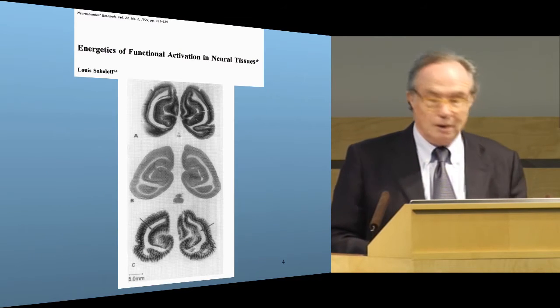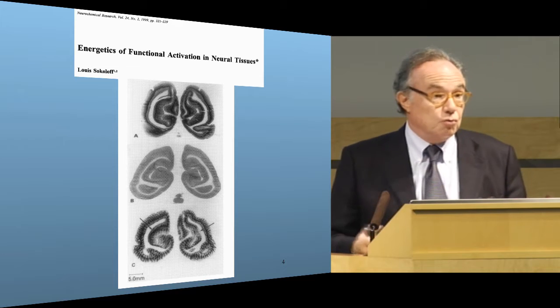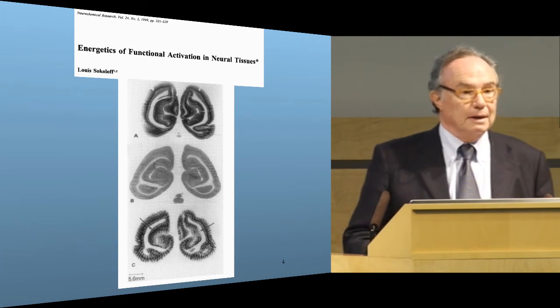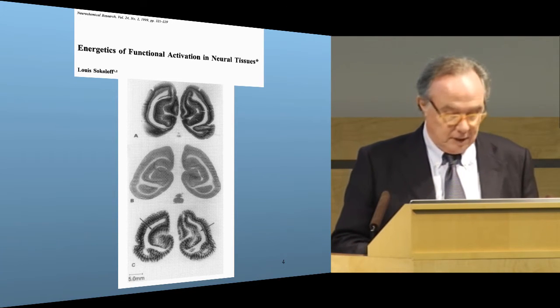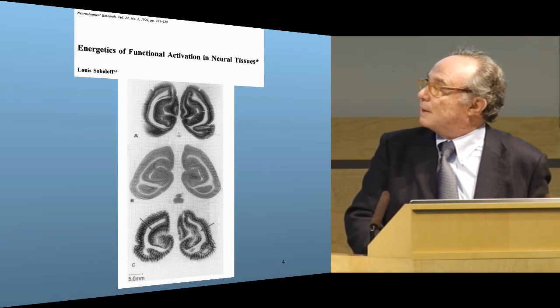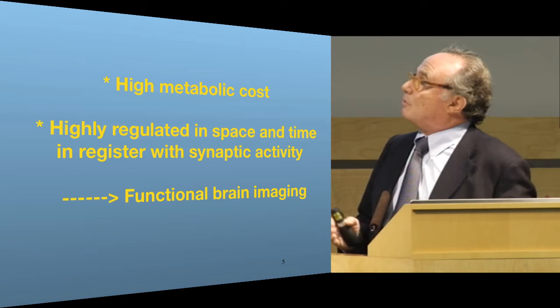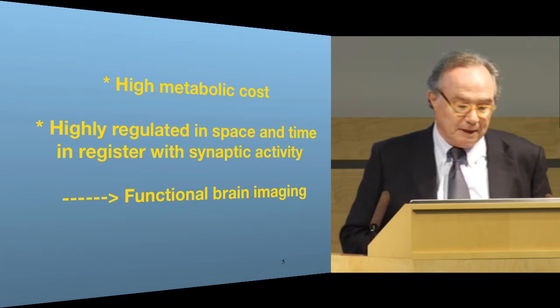And we know now, with the work of Louis Sokoloff in particular, that actually this is true also for glucose utilization. You see ocular dominance columns, the primary visual cortex, that are defined by the increased glucose utilization. Now, in summary, high metabolic cost and highly regulated in space and time in register with synaptic activity.